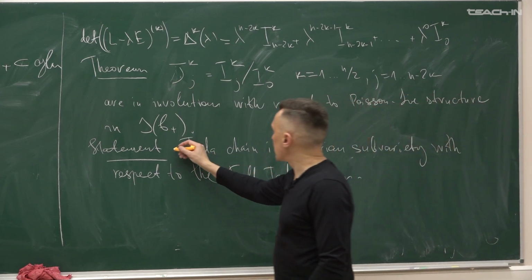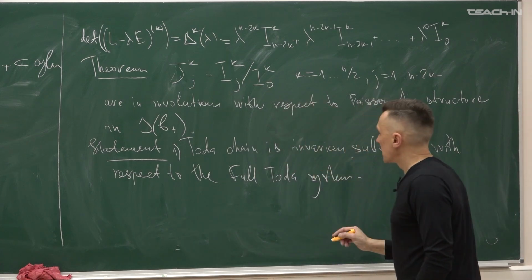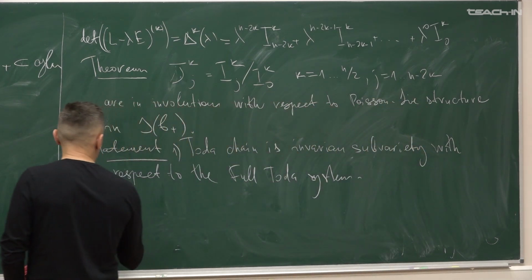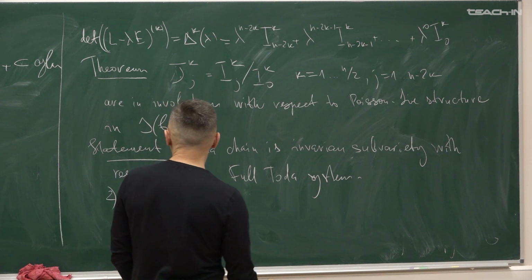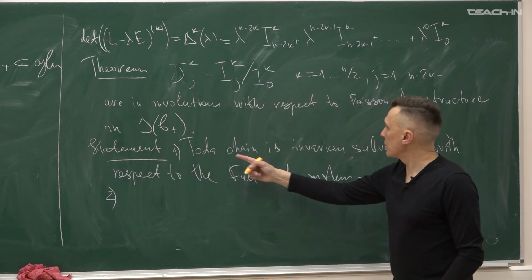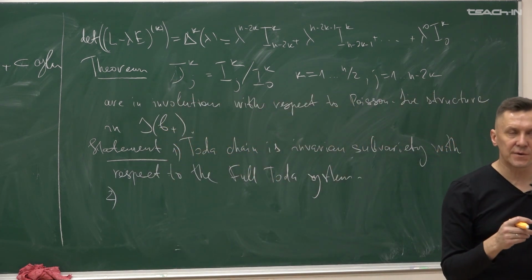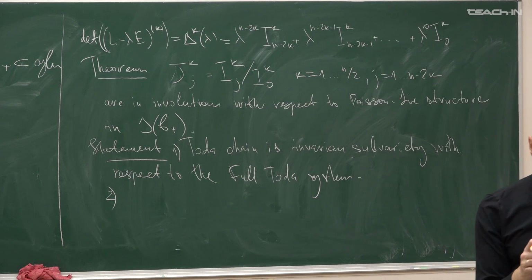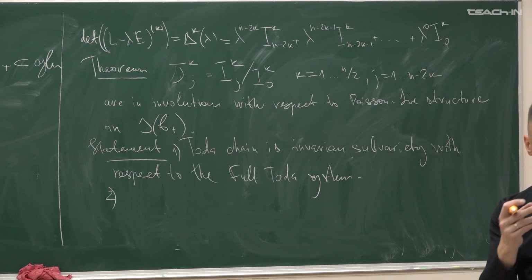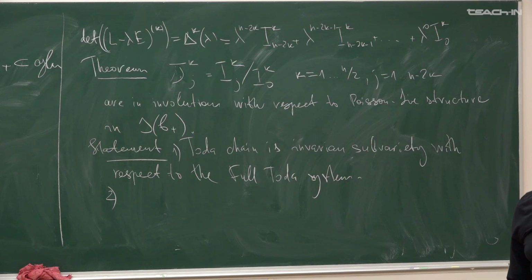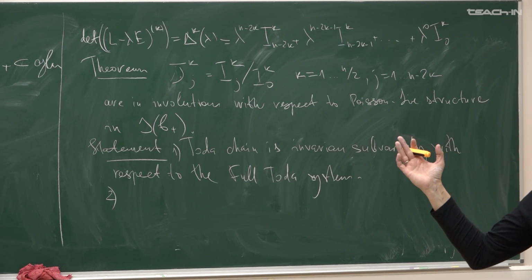This part of the statement we'll prove later, but there are some simpler parts. You remember that the Toda chain is defined on the space of Jacobi symmetric matrices, of tridiagonal symmetric matrices, and the full Toda system is defined on the full symmetric matrices.